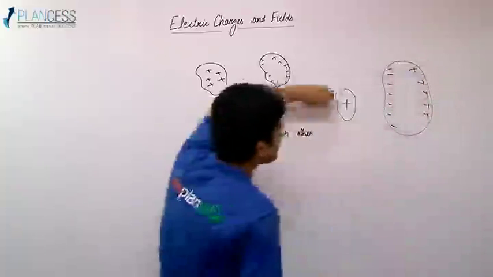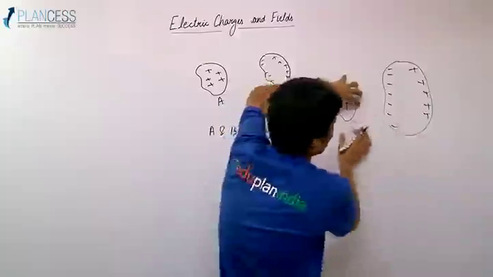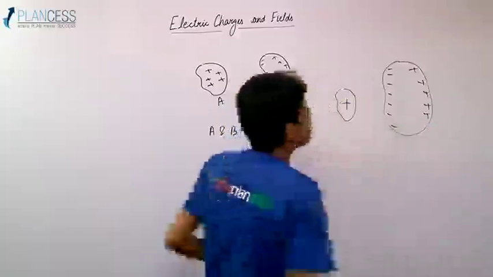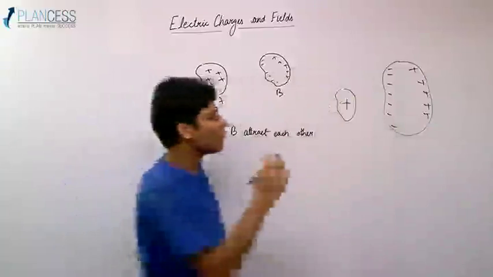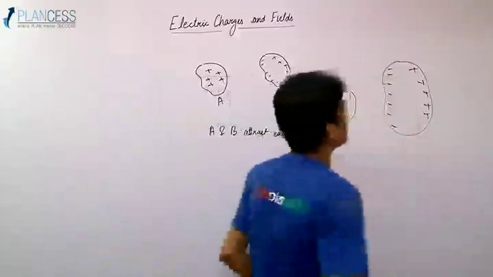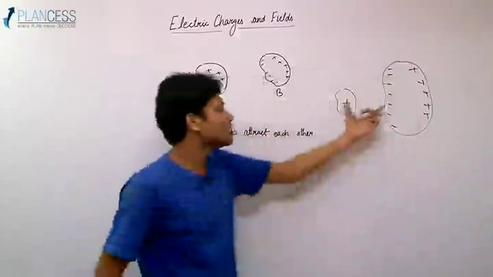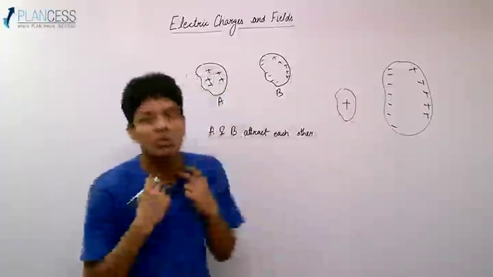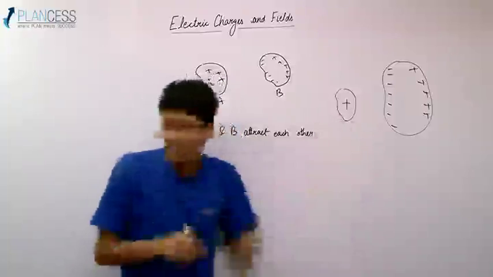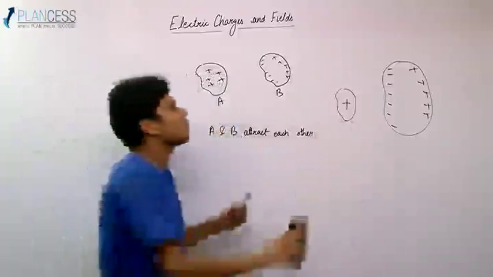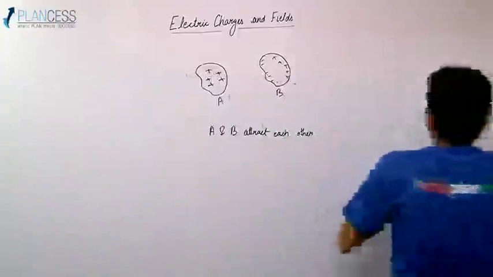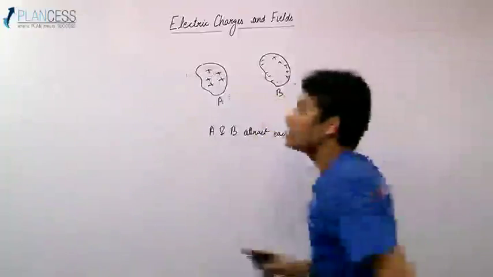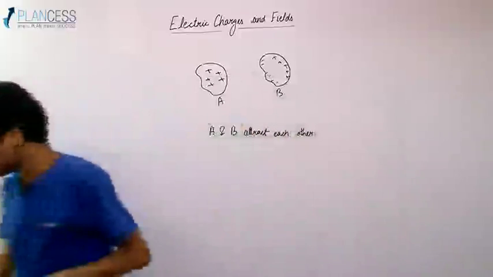Since the negative charges are closer to the positive charge than the positive charges are, the force of attraction between these two bodies will be greater, because the opposite charges are closer to each other. So even if B is neutral, A and B will attract each other.